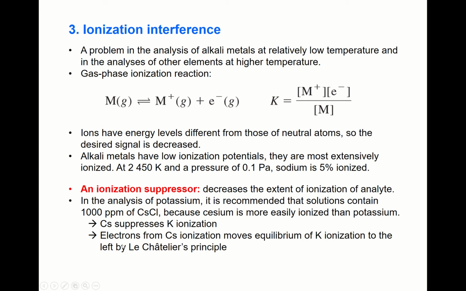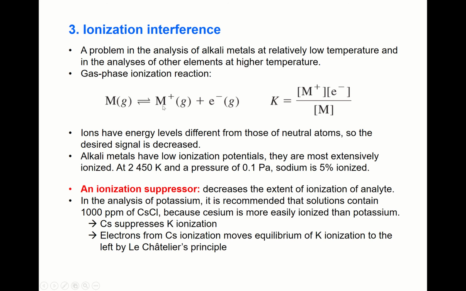And so cesium suppresses potassium ionization. Cesium more easily undergoes ionization, so that suppresses potassium ionization. Electrons from cesium ionization move the equilibrium. Once cesium ionization takes place, it produces a lot of electrons.